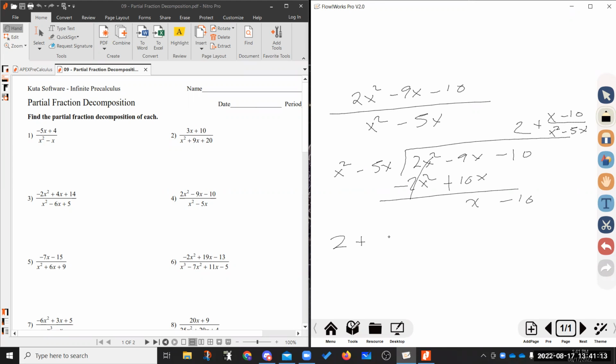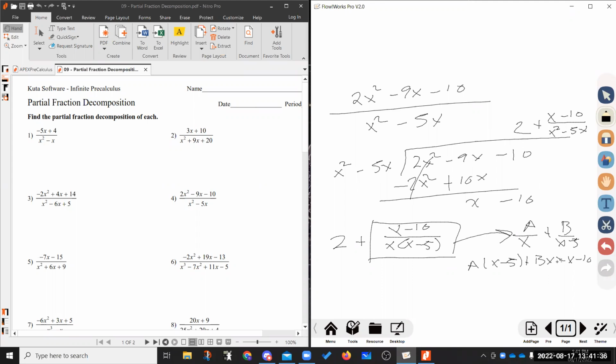2 plus x minus 10 over x times x minus 5. So I'm going to take this part right here to do partial fraction decomposition with it and say that that's a over x plus b over x minus 5, which gives me a times x minus 5 plus bx needs to give me x minus 10. So I'm going to let x equal 5.